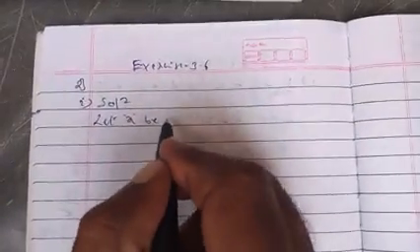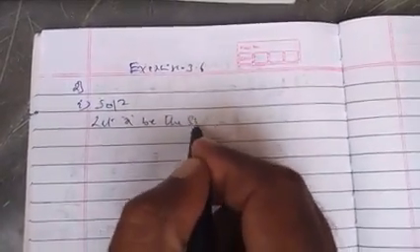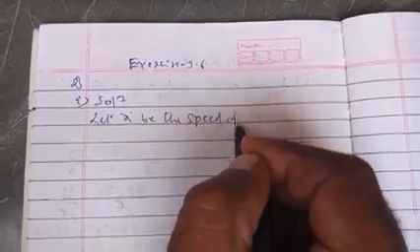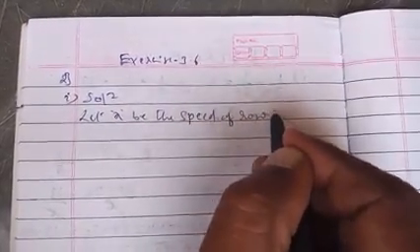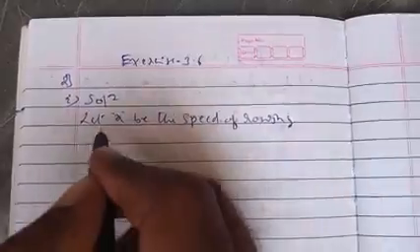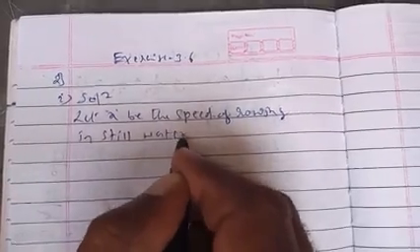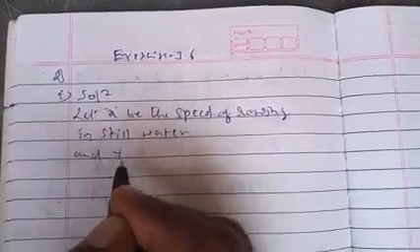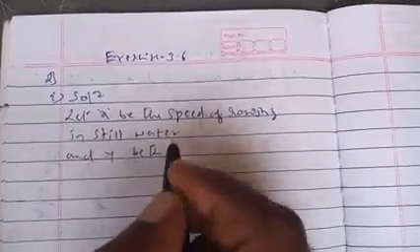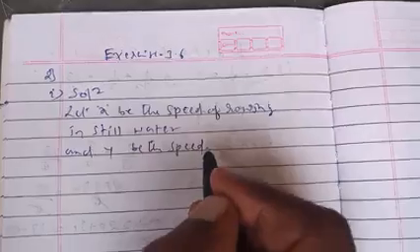Okay, yes. Let x be the speed of rowing in still water and y be the speed of current.